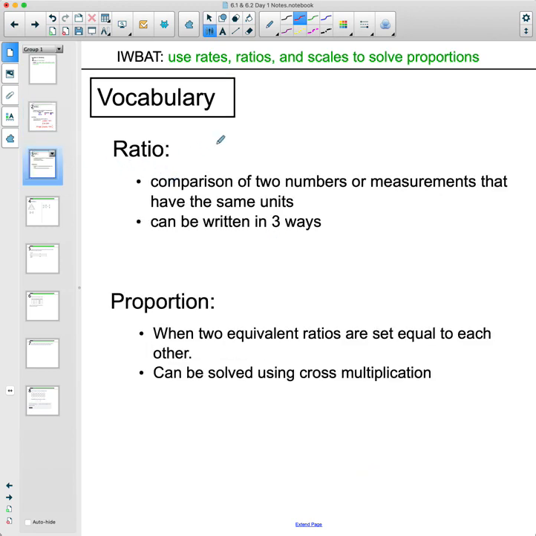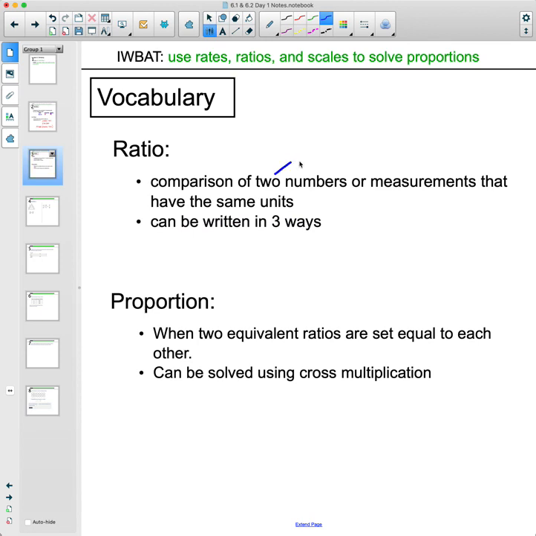Then we can get into ratios. Ratios are comparing two numbers or measurements that have the same unit. So you're comparing a distance to a distance or a time to a time, and they can be converted into the same measurement, like feet versus inches. We write this in 3 ways.